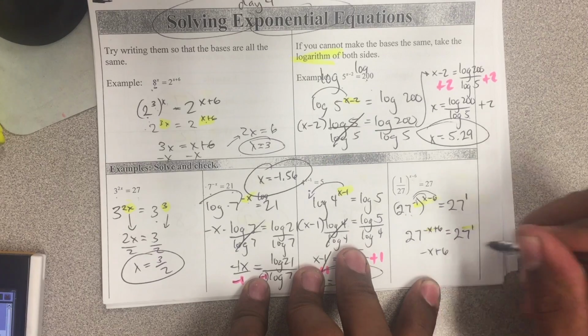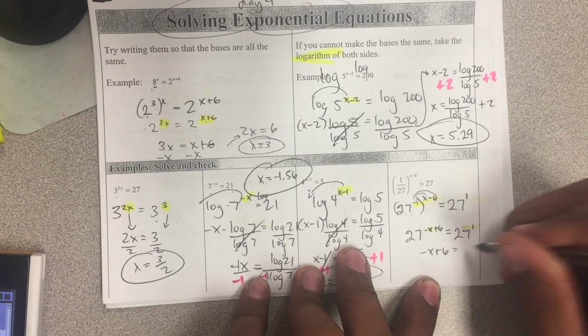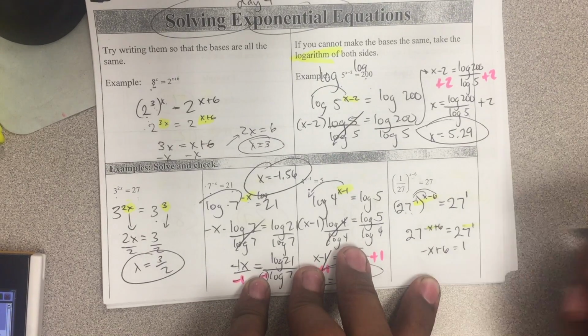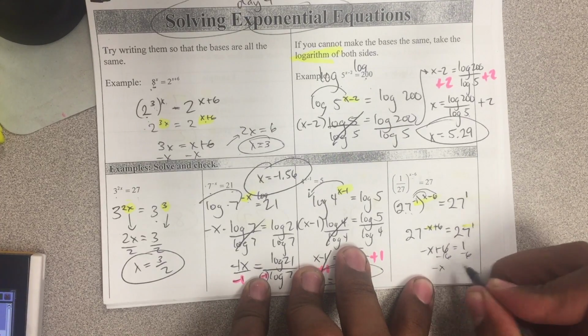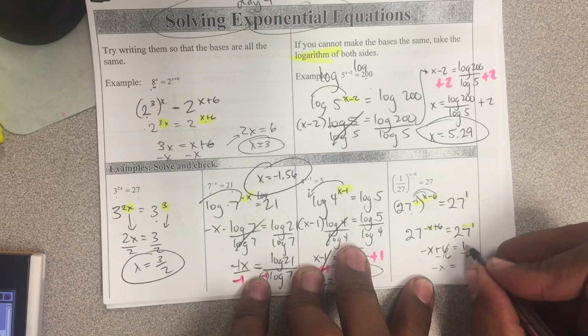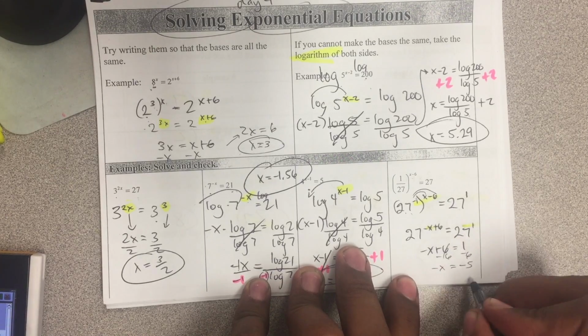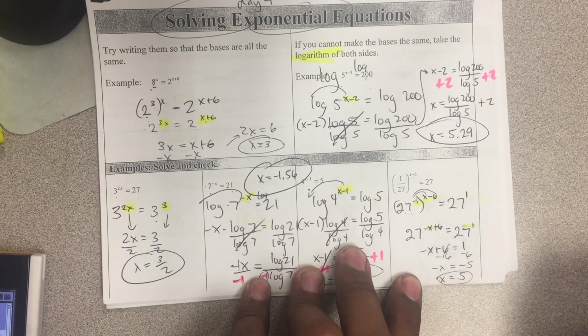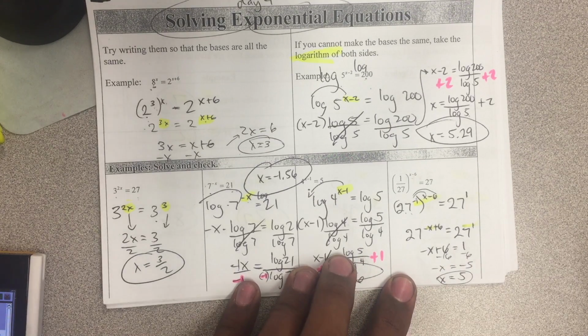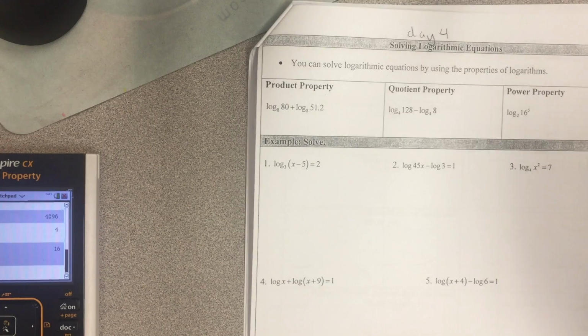So negative x plus 6 is equal to 1. And now subtract the 6 from both sides. It's gone. Negative x is equal to negative 5. Divide both sides by negative 1. I get positive 5. Okay? All right, flip to the next page.